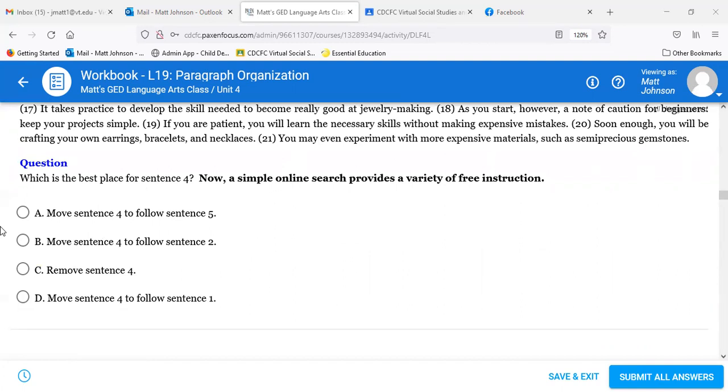Which is the best place for sentence 4? Now, a simple online search provides a variety of free instruction. A, move sentence 4 to follow sentence 5. B, move sentence 4 to follow sentence 2. C, remove sentence 4. And D, move sentence 4 to follow sentence 1.